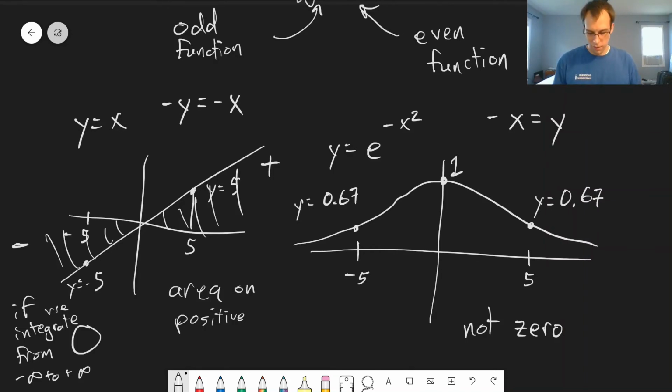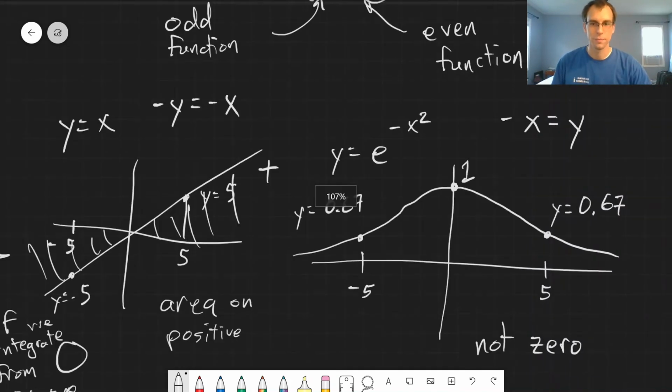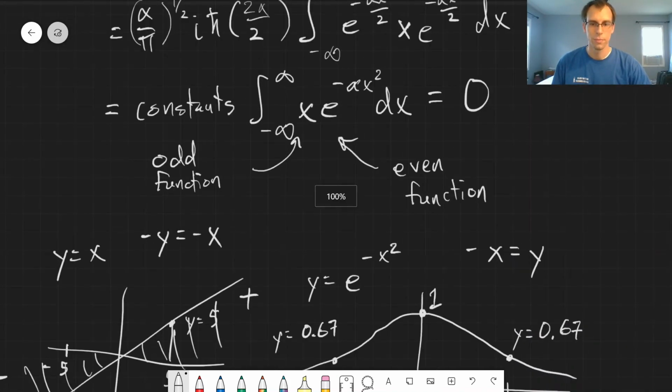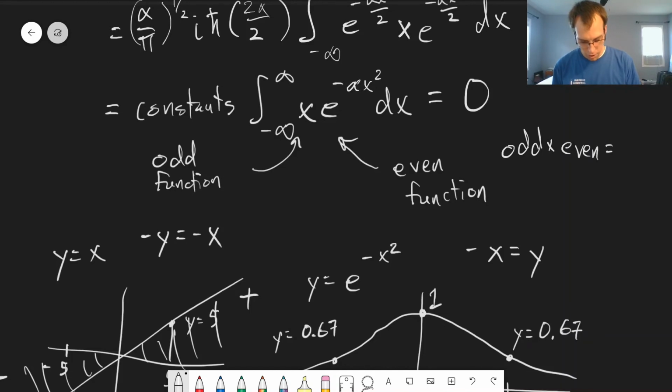So if we multiply an odd function times an even function, what we'll get overall is an odd function. And so if we integrate over this odd function, we'll get 0 overall.